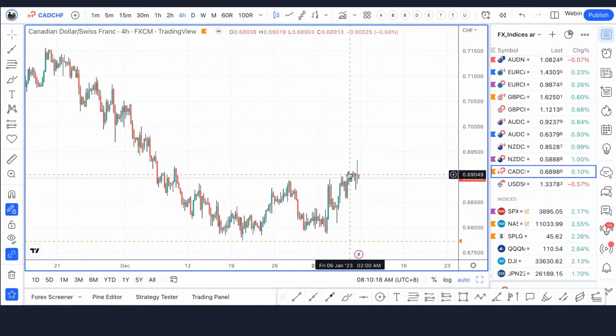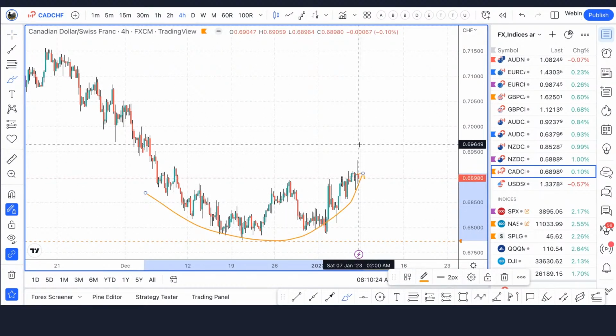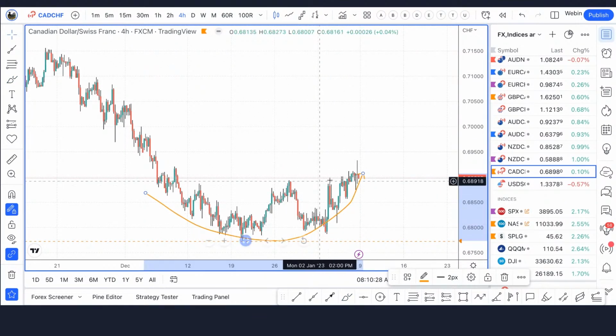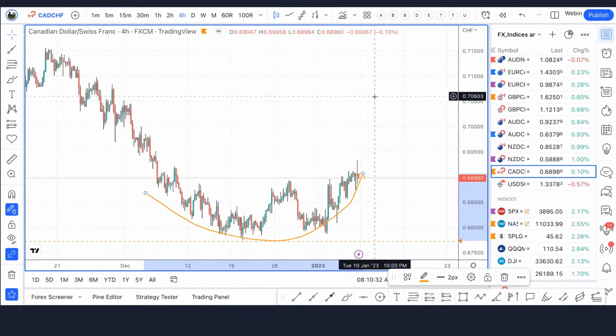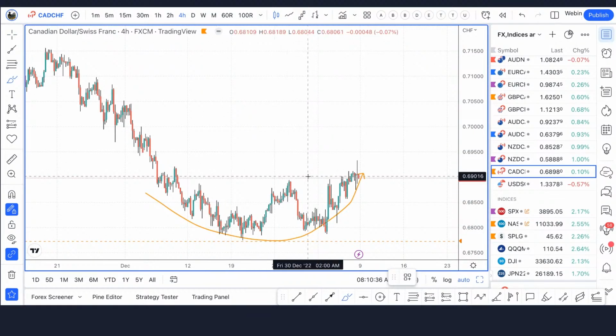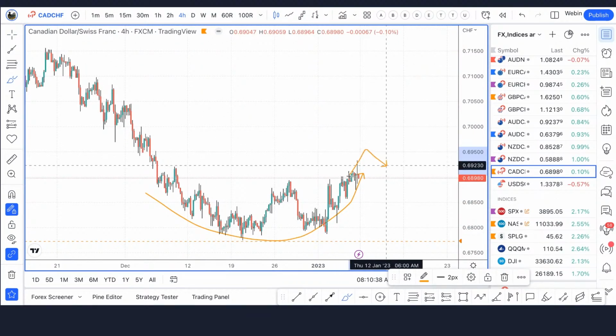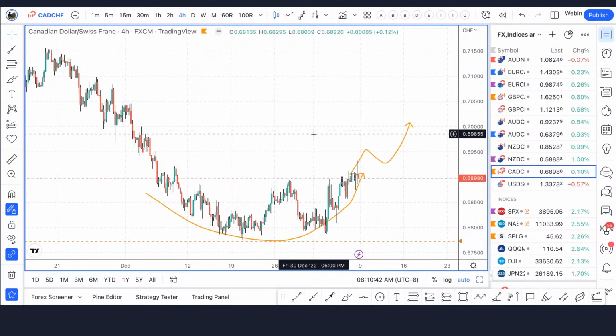I do see there is a potential for it to change direction on the higher time frame. If you look at the 4 hourly, you can wait for it to break out on the 4 hourly basis, and then if there's a pullback, you can go long, which would be great.